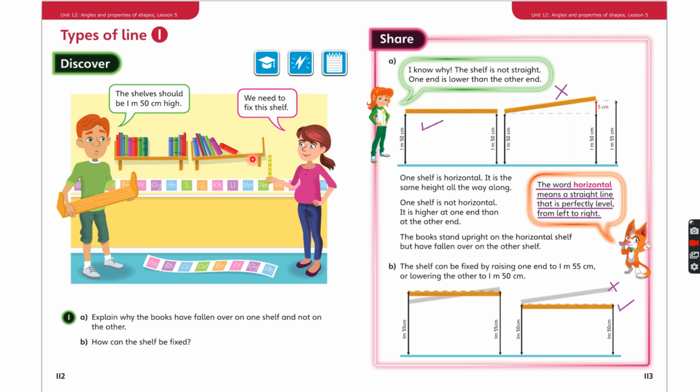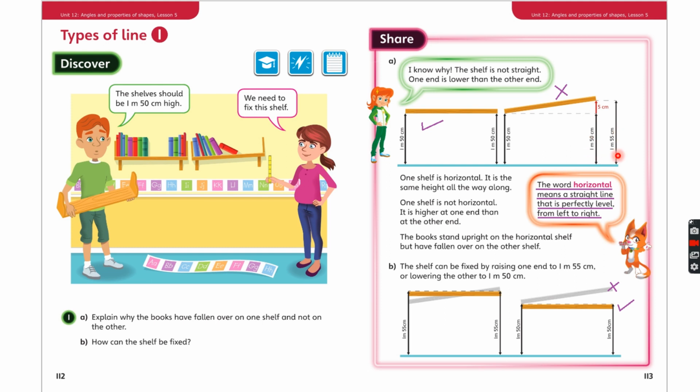I have two ways. My first way here, I can go to the right side and start lowering down the right side here 5 centimeters. After I finish, I will get the same distance. I will get 150 centimeters.